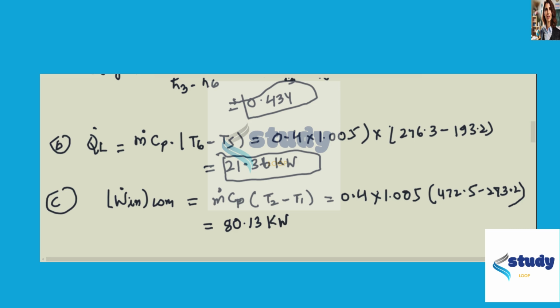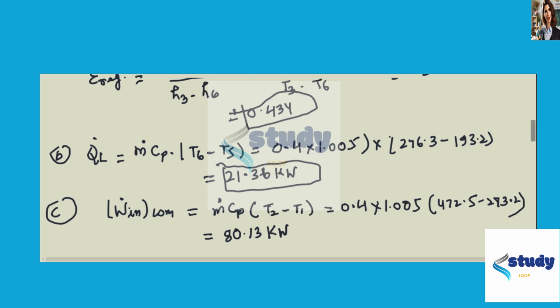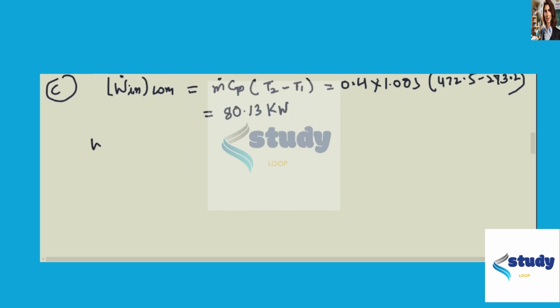Now output power of turbine is mass flow rate into specific heat of air into change in temperature from fourth to fifth state, so T4 minus T5. Mass flow rate is given 0.4 kg per second.